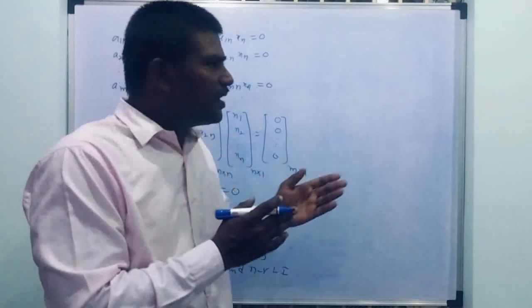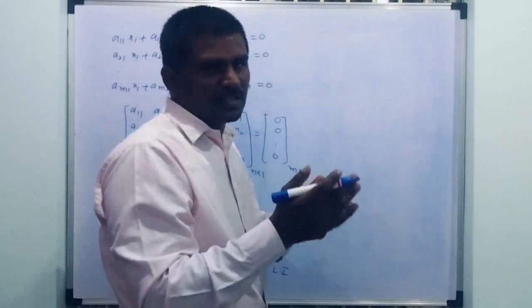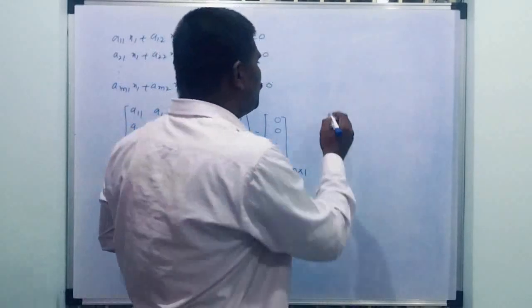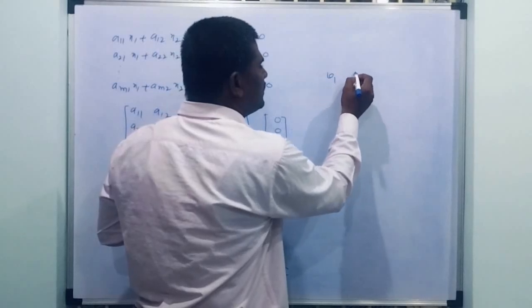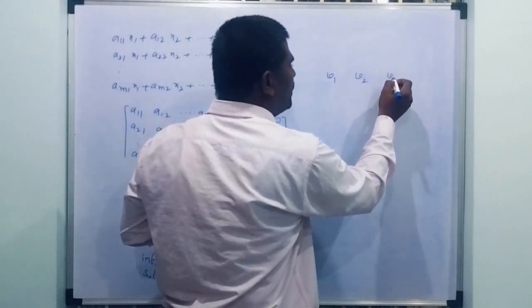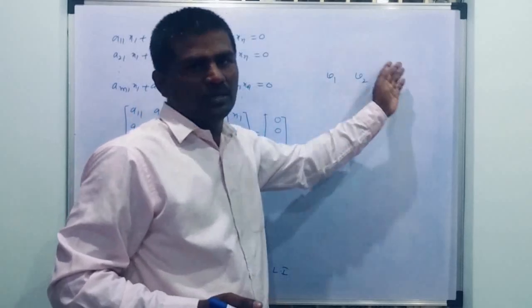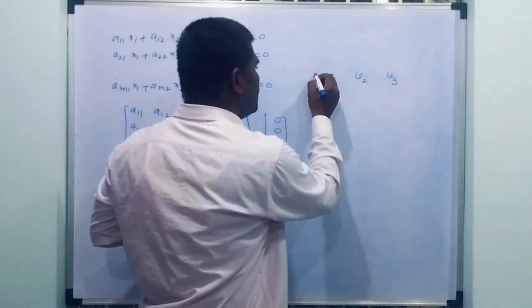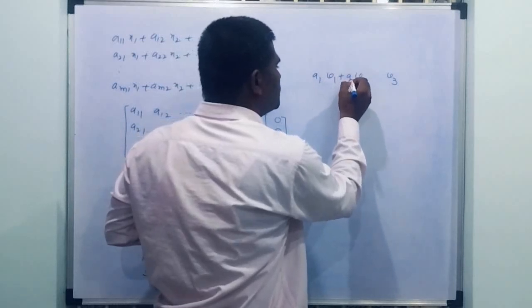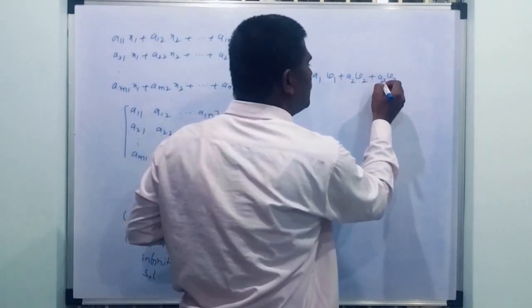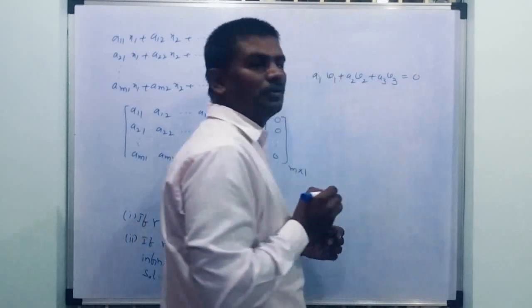Let me give you an example of what I am explaining in words. Consider the 3 vectors v1, v2, v3. Now let us take the linear combination of these vectors, say a1 v1 plus a2 v2 plus a3 v3 is equal to 0.